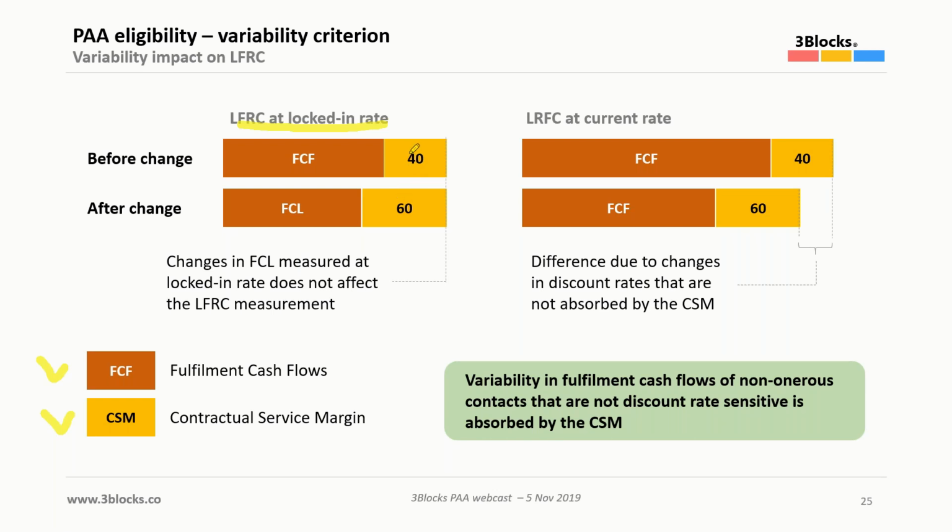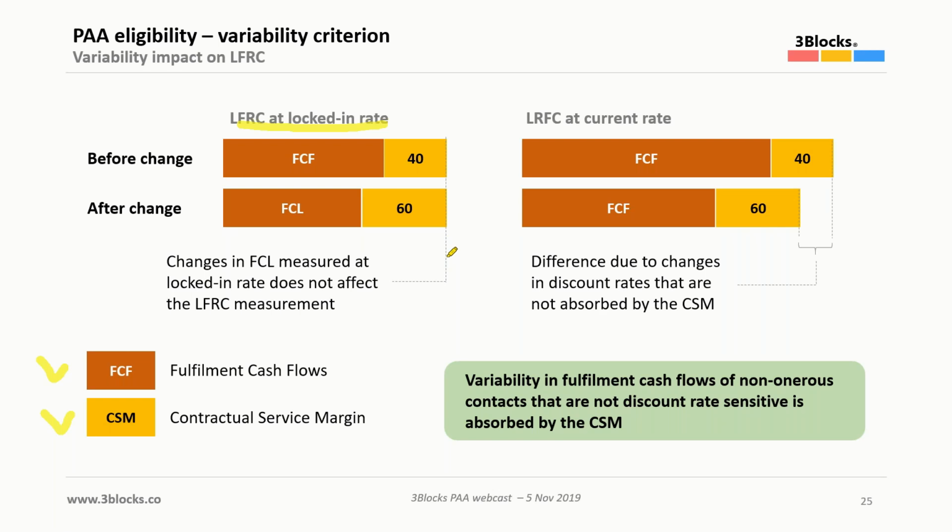In this case, we can see that fulfillment cash flows have decreased by 20, but this decrease has been compensated by an increase in the CSM by 20. So the total LRFC remains the same.